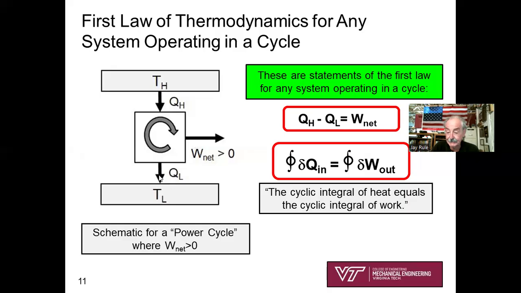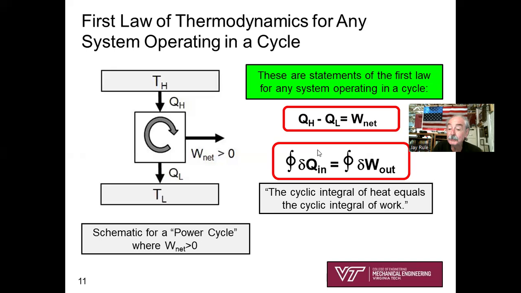That's the heat rejected. And so for any system operating in a cycle, there are basically two statements of the first law. One is for our schematic: QH minus QL equals W net. That's important; you can solve problems with that.